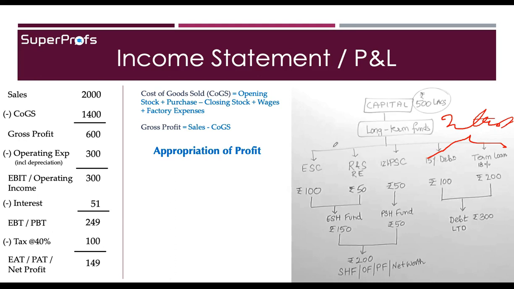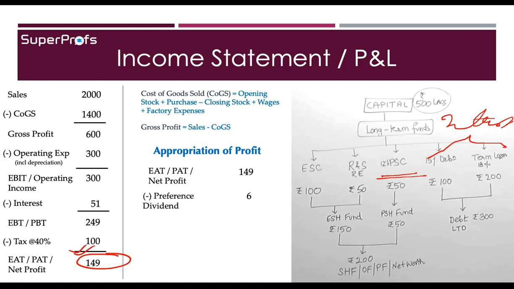Finally, we had also taken into consideration the appropriation of this profit, wherein we started from the net profit, that is of 149 lakh rupees. We first subtracted the preference dividend, which goes to your preference shareholders against preference share capital.